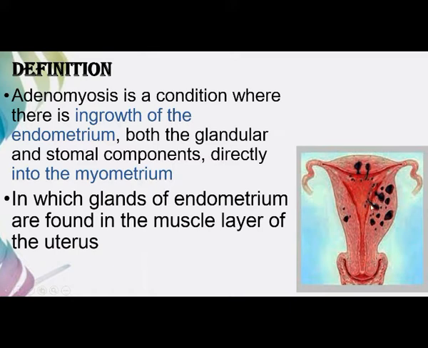When both glandular and stromal components grow inside the myometrium, it is known as adenomyosis, in which glands of the endometrium are found in the muscular layer of the uterus.